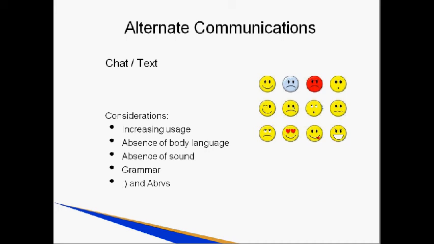For example, emoticons and abbreviations are widely used, and also a lack of or too much capitalization. Those things should be avoided, again in order to be professional and to avoid any unnecessary meaning that we might give to our message.